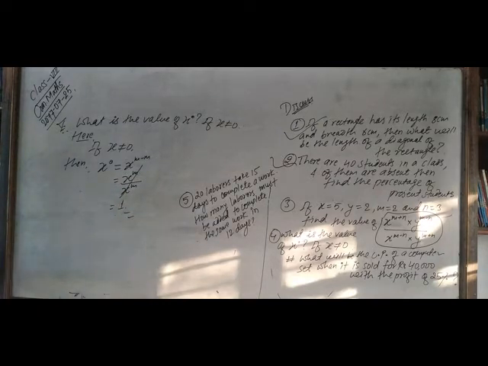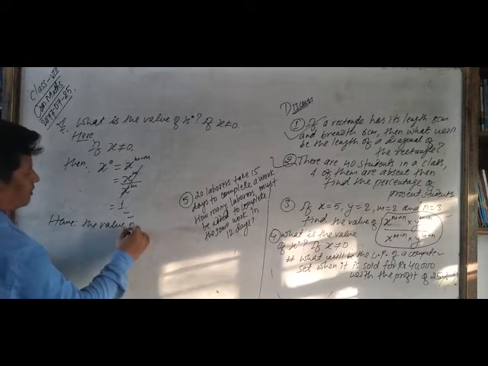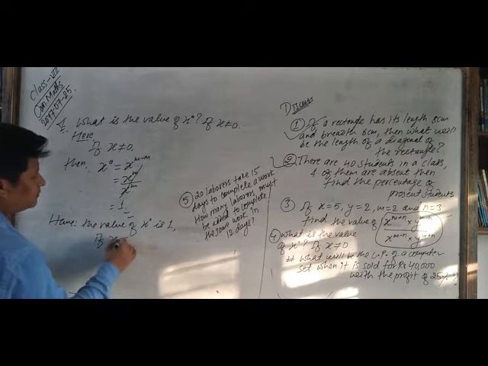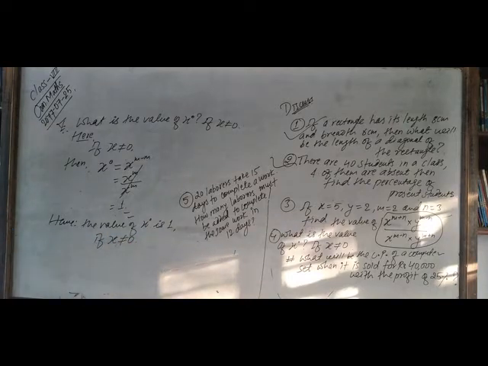So the value of x to the power 0 is 1 if x does not equal to 0. Hence the value of x to the power 0 is 1, if x does not equal to 0.